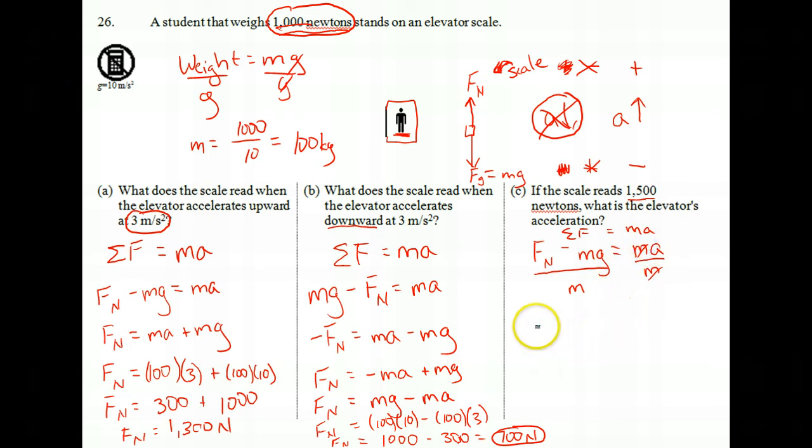So now I can plug in some numbers. I know the normal force is 1,500 minus the weight of the object, which would be 1,000, or we can say the mass, which is 100 times 10, is 1,000, divided by the mass, which is 100, is equal to the acceleration. So 1,500 minus 1,000 divided by 100.